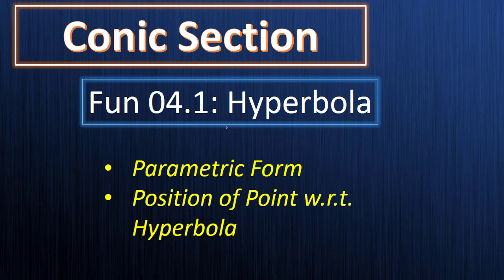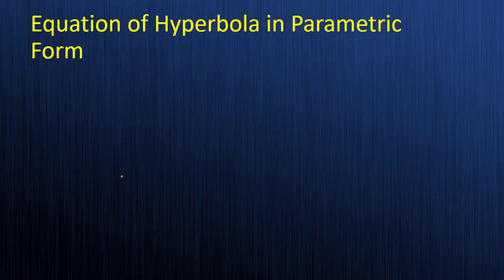In this video, we will be looking at the parametric form of the hyperbola and the position of a point with respect to the hyperbola. So what is the parametric form of the hyperbola? I have already told you the parametric form means the locus of a point which satisfies the equation of a hyperbola.